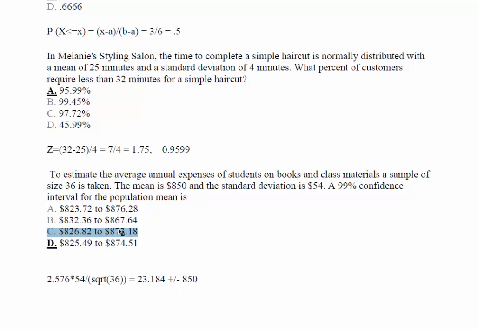Sorry, I first said 874.51, but that is the wrong answer. 850 minus that, you get 826.82. So that's your confidence interval at a 99% confidence level.